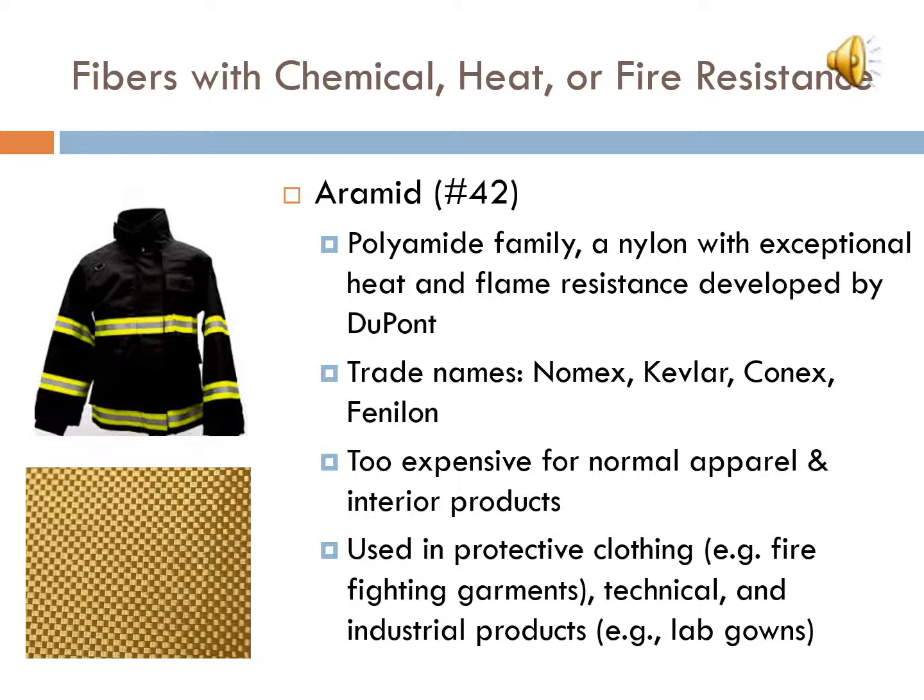It was developed by DuPont. So you can think of aramid as a cousin of nylon in a way. Nylon is the generic name for it, but the trade names are Nomex, Kevlar, Conex, and Phenylon. I've actually heard it referred to as Kevlar sometimes, but nevertheless, those are the brand or trade names that aramid sometimes falls under.